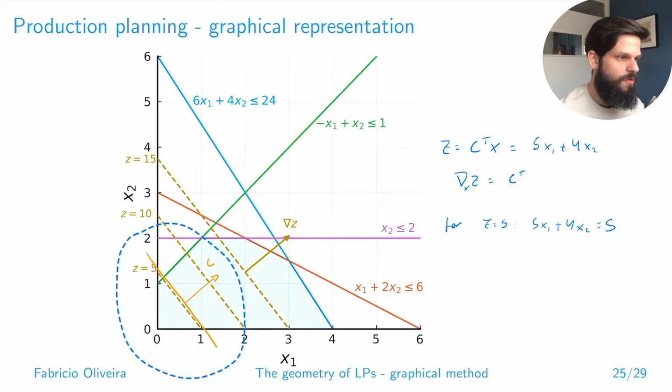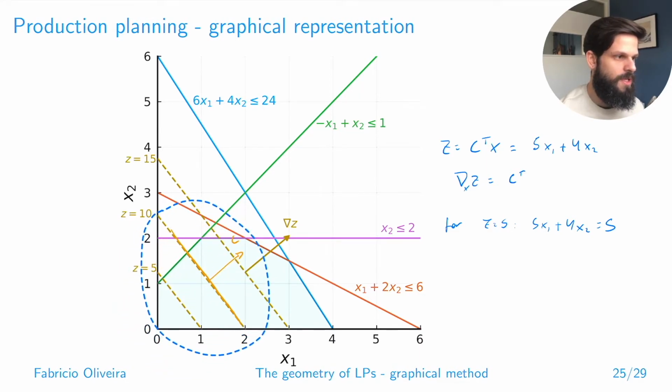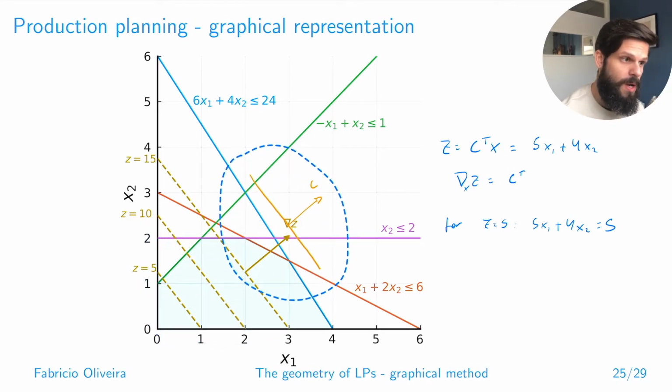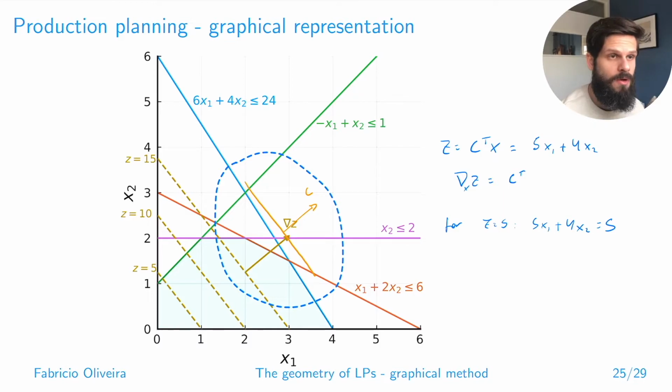So when I move in this direction, I go from having a level curve of 5 to having a level curve of 10. And because I want to maximize my profit, what I'm interested in are the points x1, x2 that are below the furthest away level curve of this hyperplane, right? Because I want to maximize.